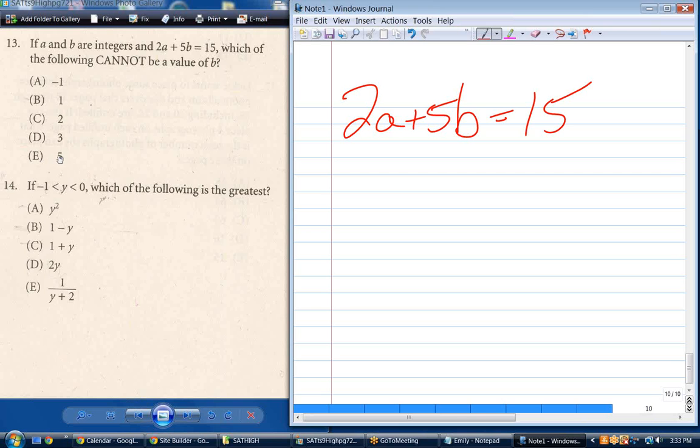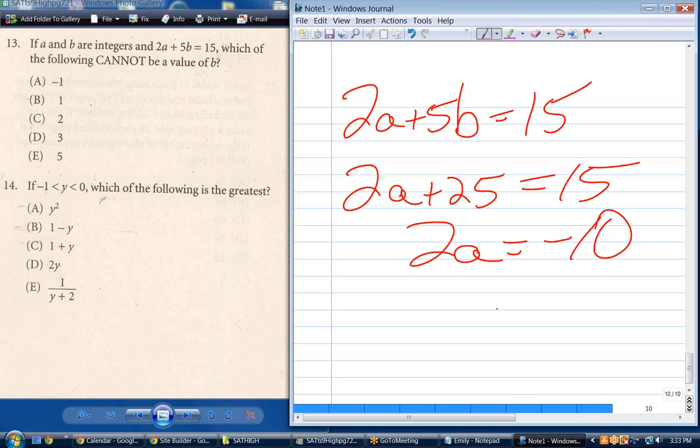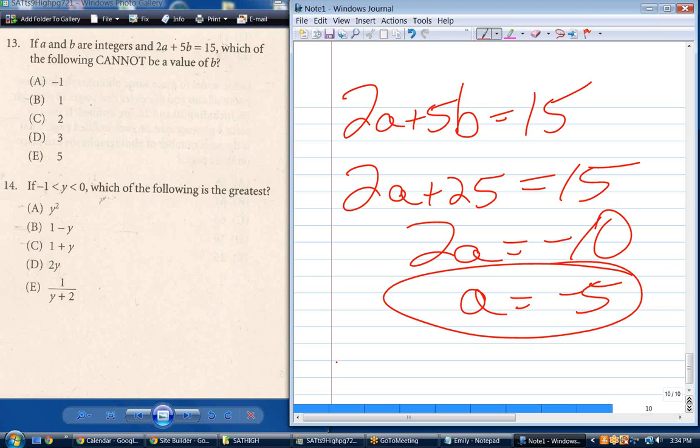If we start with 5, it's as good a number as any to start with, because we're not going to know plus or minus, up or down. So starting with an easy number is fine. Don't I get 2a plus 25 equals 15, which means 2a equals minus 10, which means a is minus 5, and that's allowable.